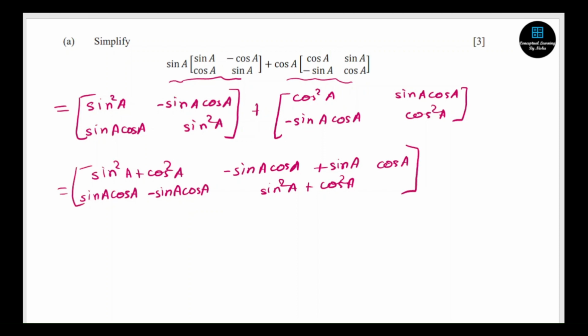Sin square A plus cos square A gives me 1, right? Here these will get cancelled out, so I'll get 0. This is again 0 and this is again 1.